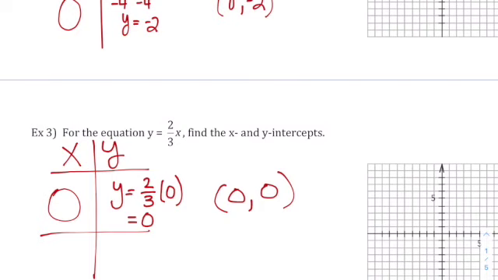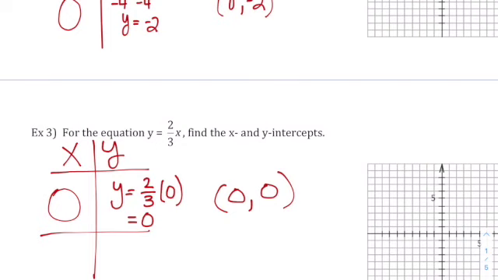So what would you do? Well, you don't have 2 of them. You just have 1, which is at 0, 0. Now, what happens if I ask you to graph it? Well, it didn't say you have to do it all in x-intercept, y-intercept. So you can pick another point. Remember we talked about last lesson, pick a smart point. Since that's a fraction, I'm going to pick a 3.